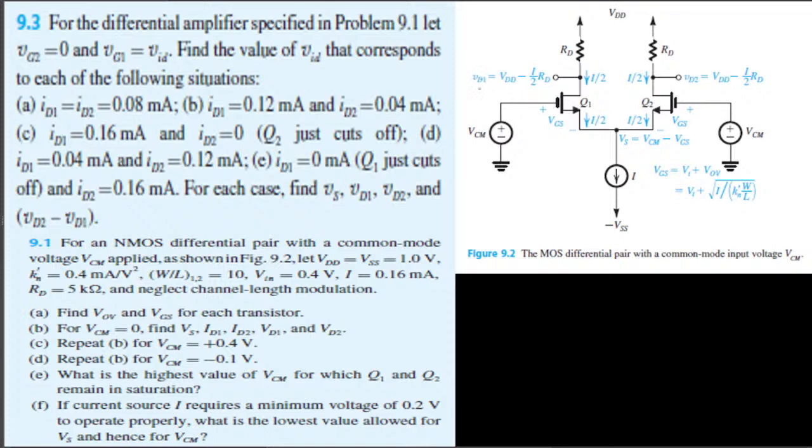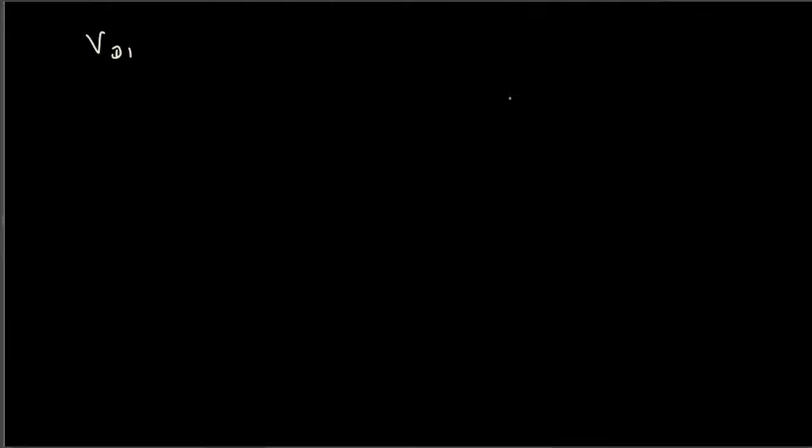If you rearrange in terms of VD1, this is the equation you get. VD1 is equal to VDD minus I divided by 2 times RD. This I divided by 2 is for the diagram given, but in our case, this is the current flowing. If ID1 is this, that is equivalent to I divided by 2. So instead of I divided by 2, we can say ID1 as well. Okay, so let's write the equation.